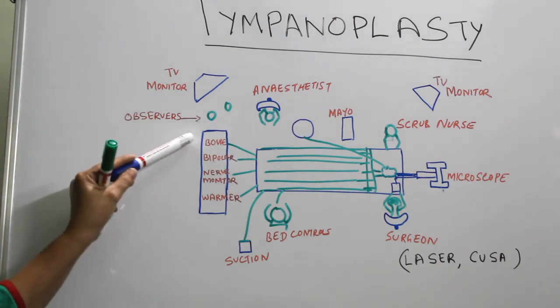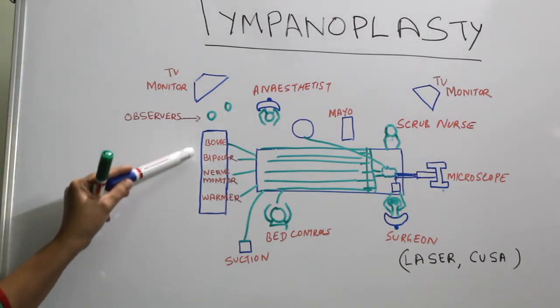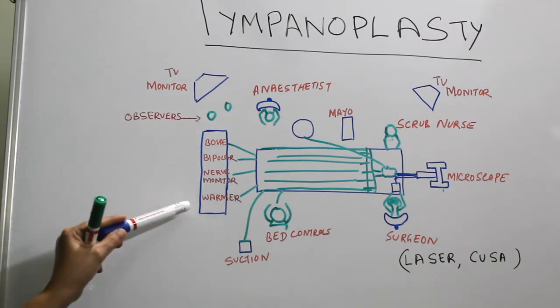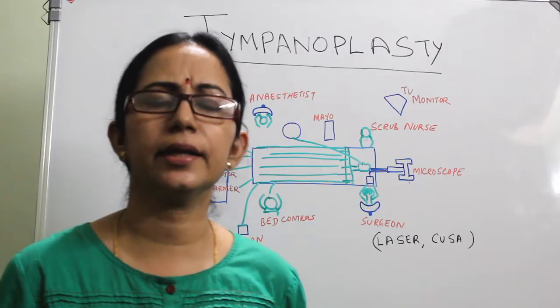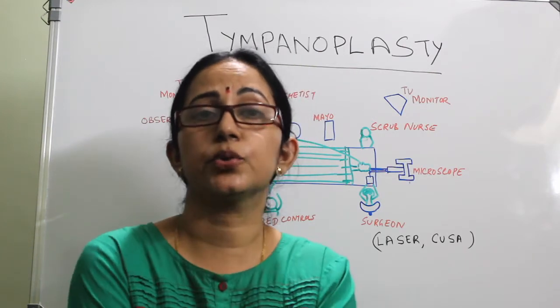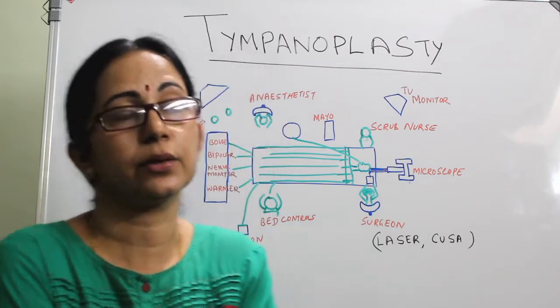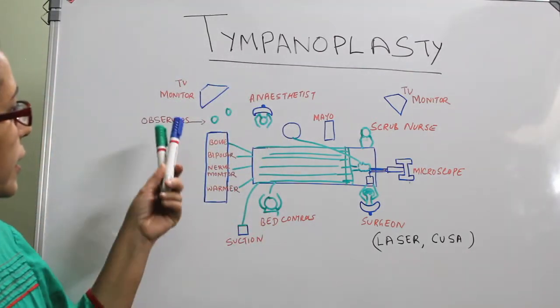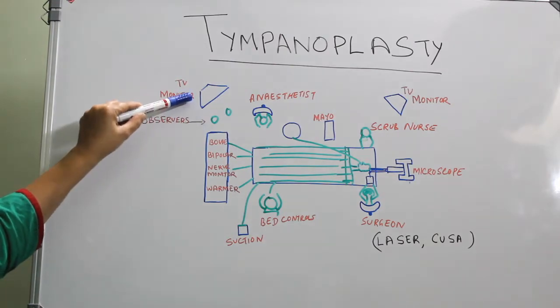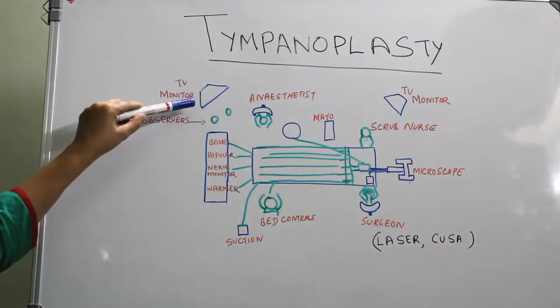And on the foot end we keep a place for the bipolar cautery, the Bovie and the nerve monitors, and also for the warmer. Ideally the observers should be kept to 2 in number, and they should be covered with sterile clothes.